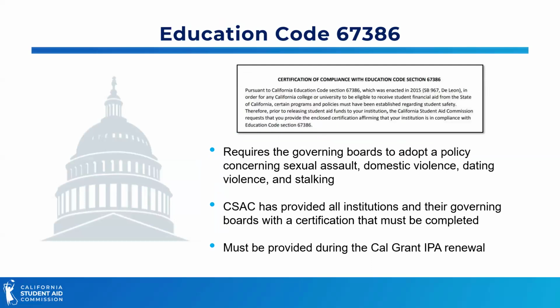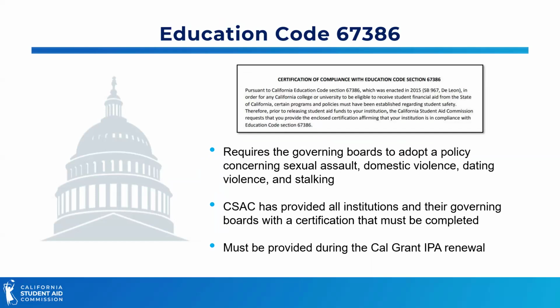And then another education code to look at, something that is required for all Cal Grant administering institutions, is Education Code 67386. This requires that schools adopt a policy concerning sexual assault, domestic violence, dating violence, and stalking.